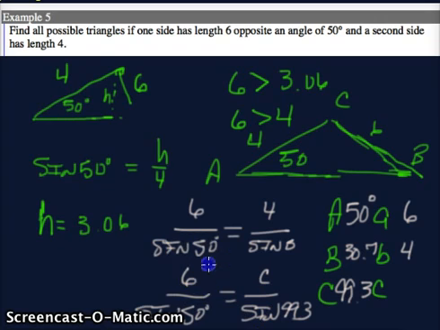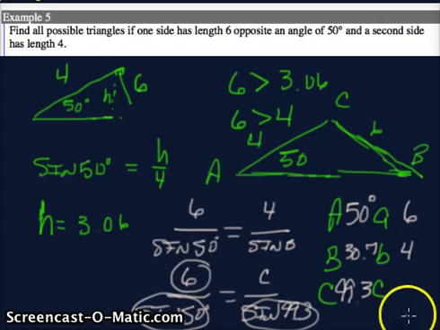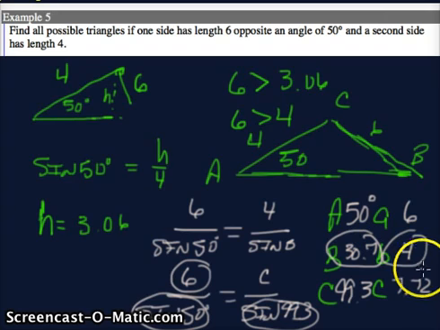Remember how to do that on your calculator. This times this divided by that will give you c, 7.72. Now check, is 4 across from the smallest angle? Is 7.72 across from the largest angle? Okay, keep that in mind.